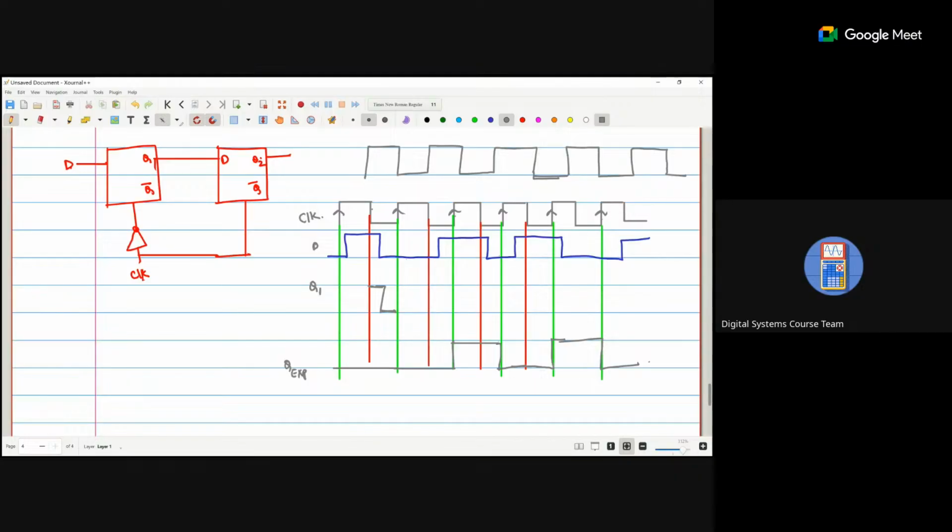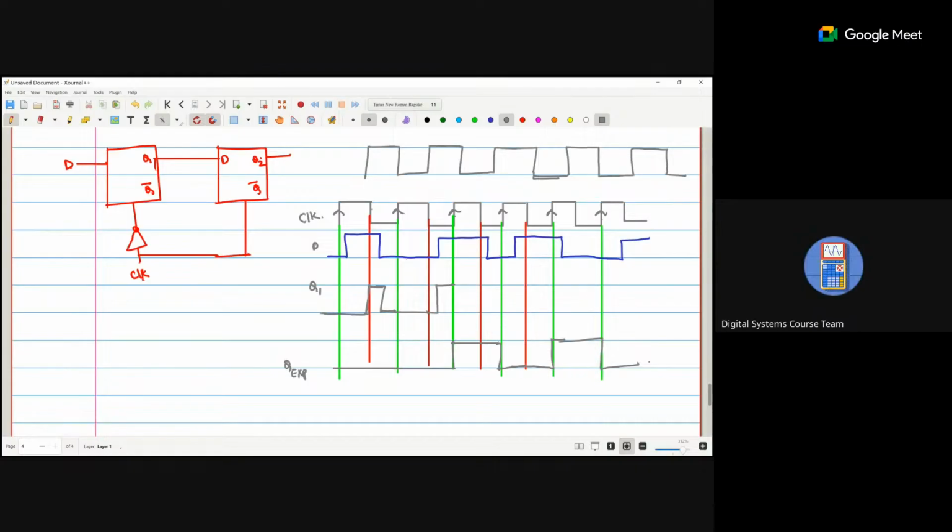Initially D is 0, so we get 0 until this point. Now this is the negative level, and the data goes from 0 to 1. In between, no change. So in the negative region, it follows D, because the first clock is negative level.